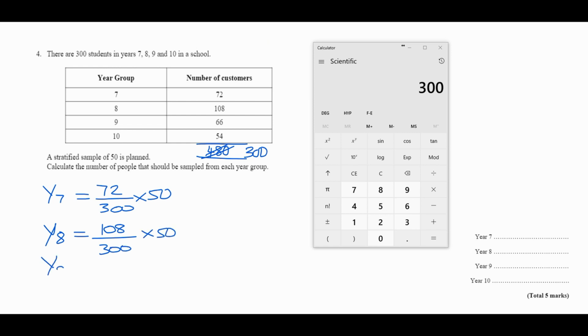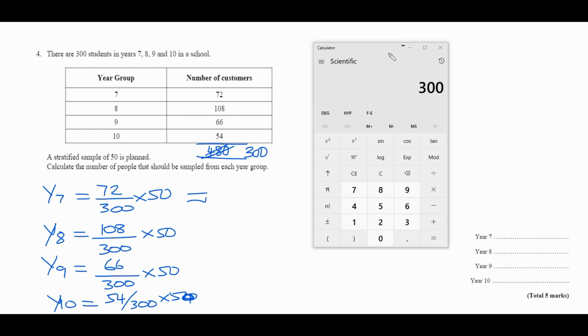And year 9 is 66 over 300 times 50. And finally, year 10 is 54 over 300 times 54. Oh, sorry, what am I doing, the sample size is 50.